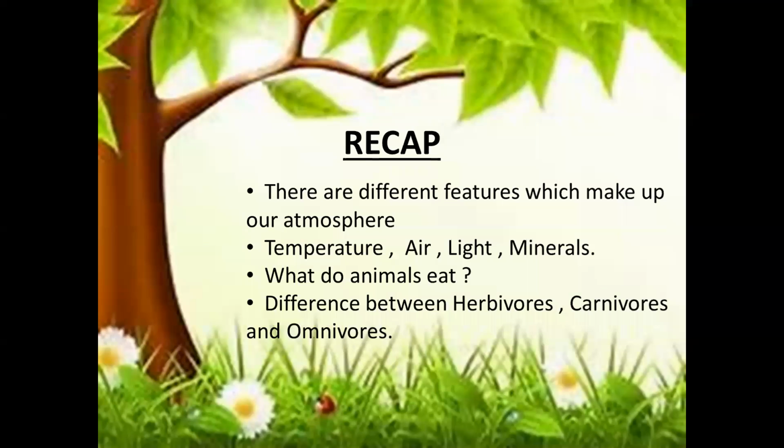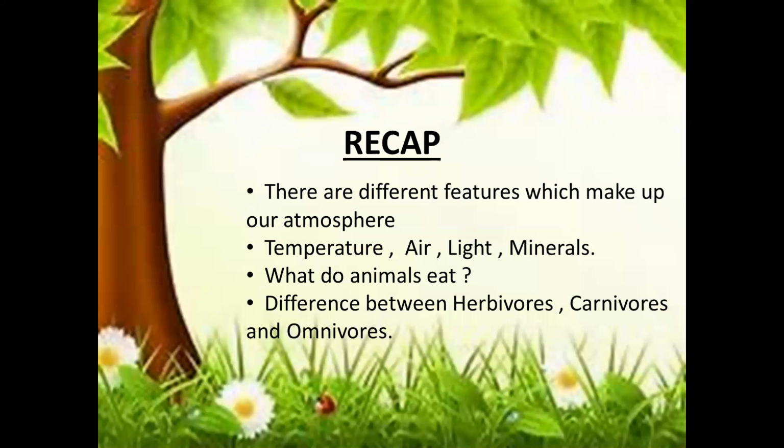Then air: one fifth of our air is oxygen, so it means that oxygen is very important of all the gases in the air. Light, which is the sunlight, is very important because it helps the plants make their food, and once the plants prepare their food, we get energy by eating that food.